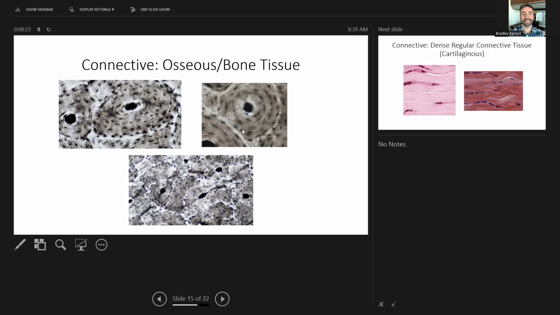Each of these tiny dark areas here is an osteocyte sitting in its little cavity or lacuna, and those are live cells. When we think about bone, we often just think about the hard calcium part of it, but we have live cells in bone as well, and those are osteocytes.